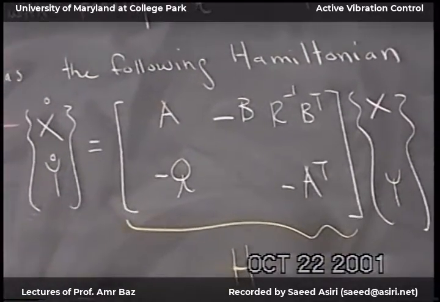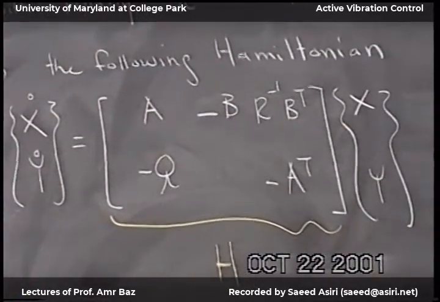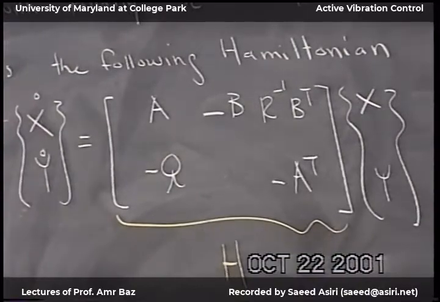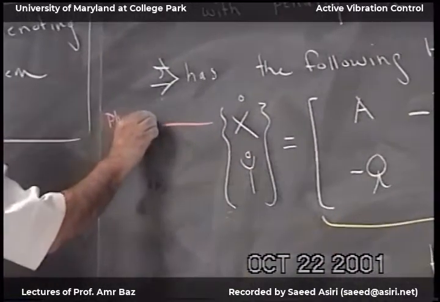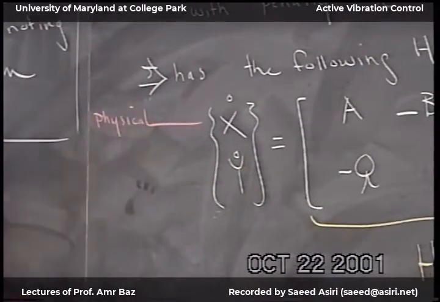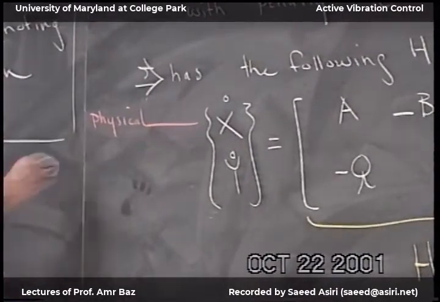The first variable is the state vector of the system. It has physical meaning. So this is the physical coordinates of the system, or the physical state variables.